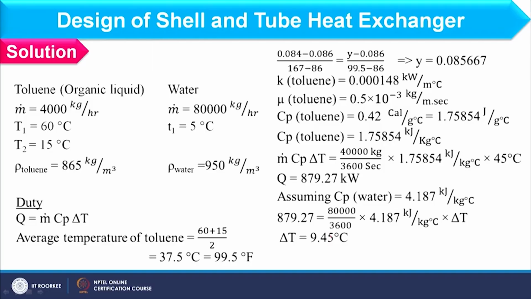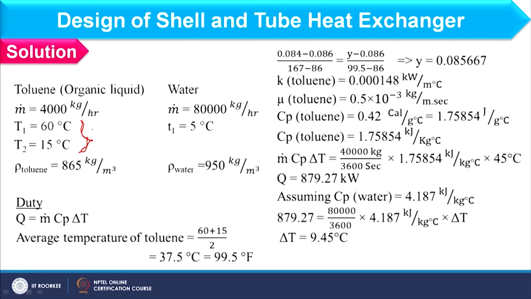So, first of all we have to find out the heat duty, and for that we have to find out the specific heat, and to do that we have to first average the temperature of toluene. T1 and T2 are available at 60 degrees and 15 degrees Celsius.